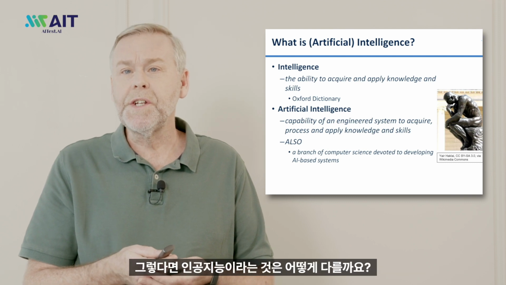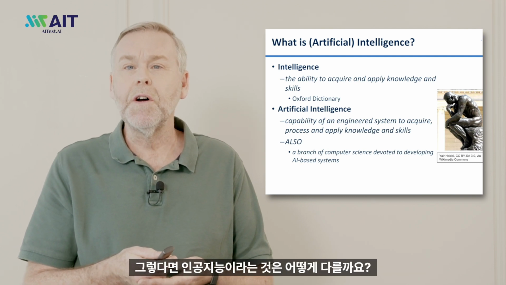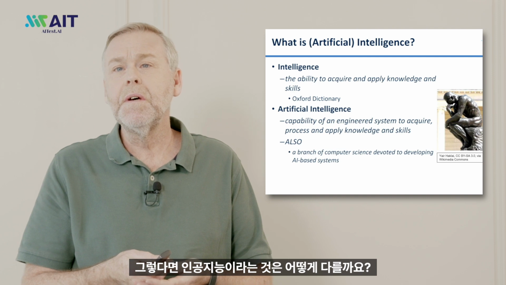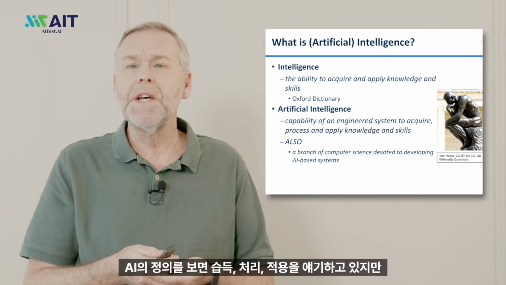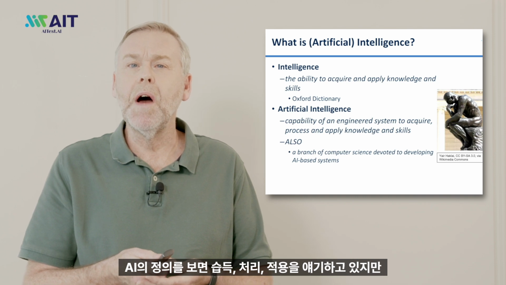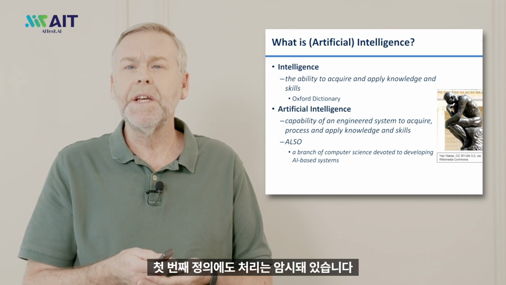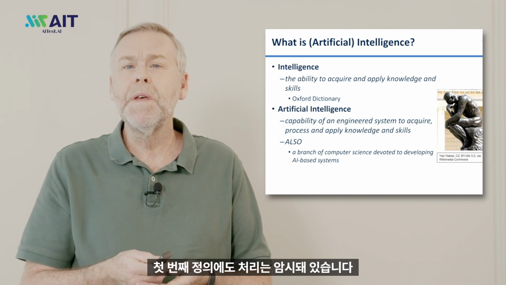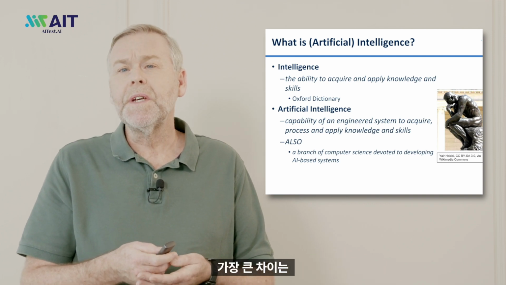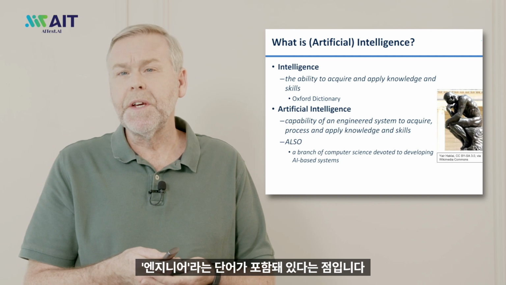So, what changes when we move to talking about artificial intelligence? Well, not much. The definition of AI says acquire, process and apply, but processing is probably implicit in the first definition. The main difference is the inclusion of the term engineered.